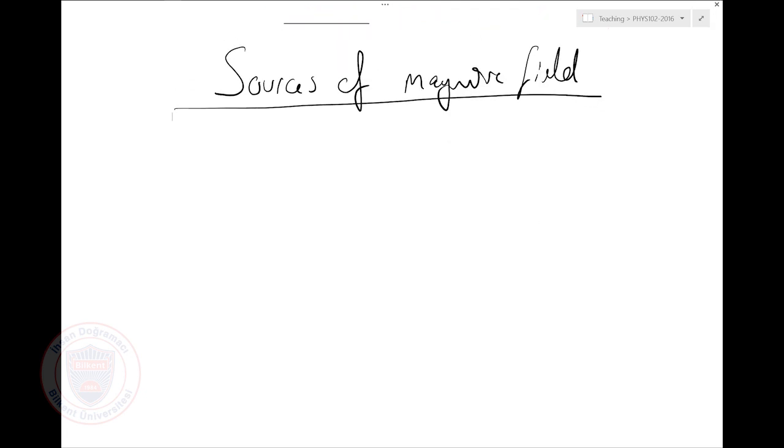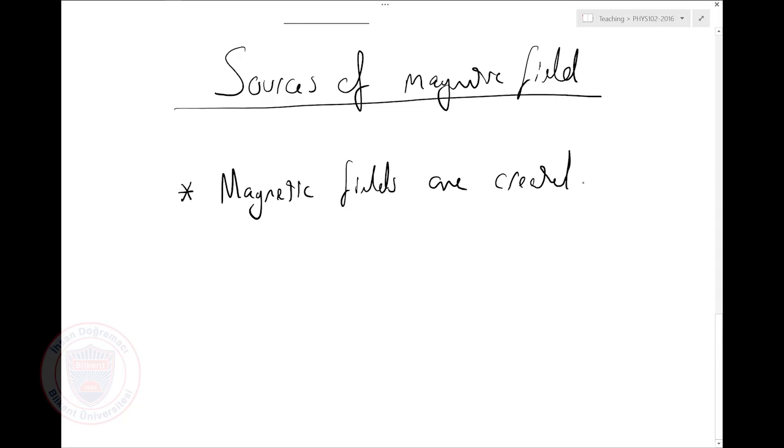And actually, this is sort of a feedback process. I told you that magnetic fields create forces on moving charges, and the reverse is that magnetic fields are created by moving charges.